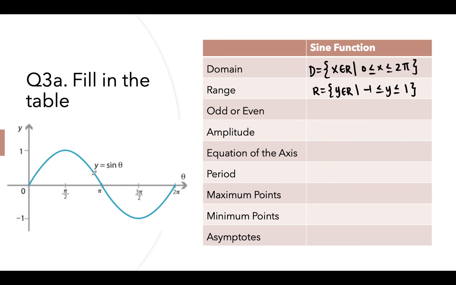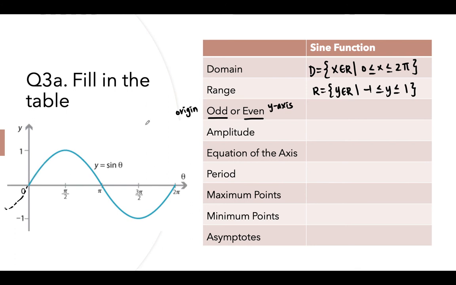So what you can do is you can ask yourself, if it's even, it's symmetrical through the y-axis. And if it's odd, it's symmetrical through the origin. So that means this is going to go this way. As you can see, it's not symmetrical through the y-axis. It's symmetrical through the origin.